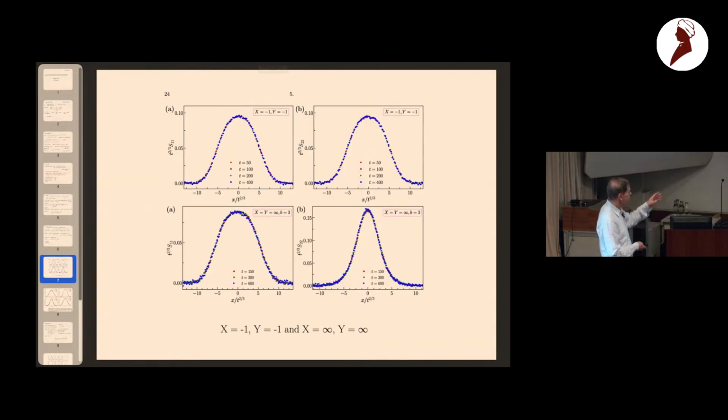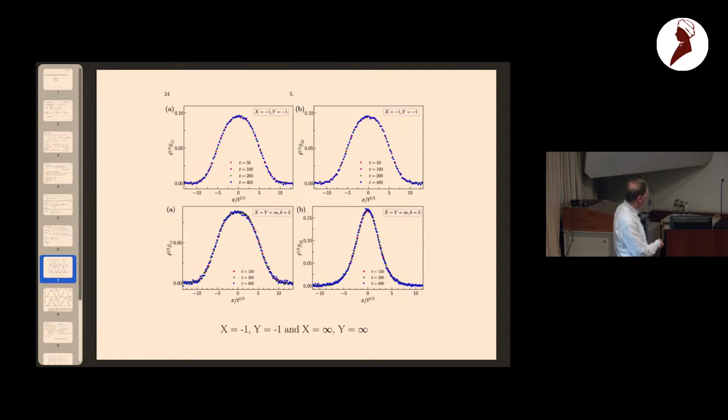Ah, yeah, okay. So this is first telling you that the scaling function is changing with Q. Forget about these labels, it's not so important. The main point is that here we put -1 and -1, just for fun. Presumably this is not the KPZ function, but there's no obvious symmetry.